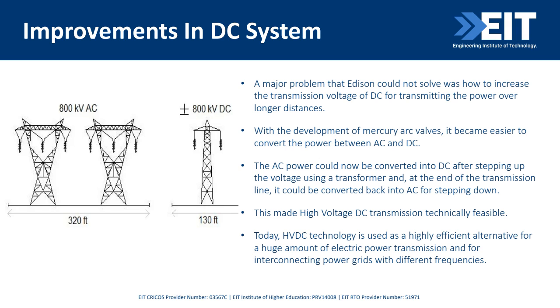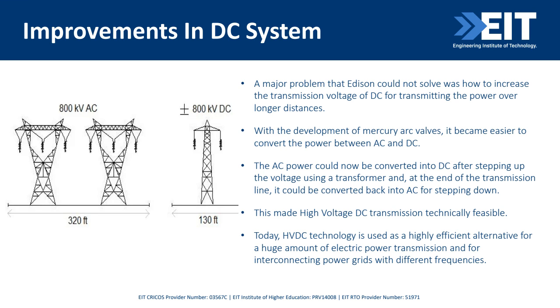So with that conversion back to AC, we can still keep using our existing distribution network. But for long distance transmission, we can switch to HVDC. So basically, the invention of these mercury arc valves made high voltage DC transmission technically feasible.